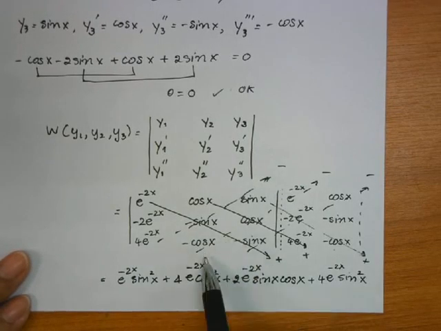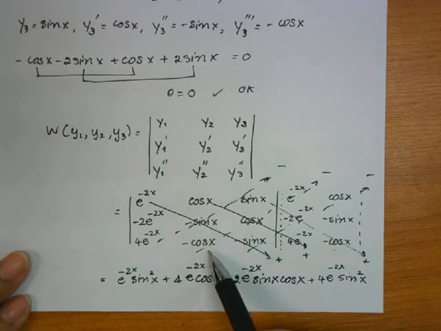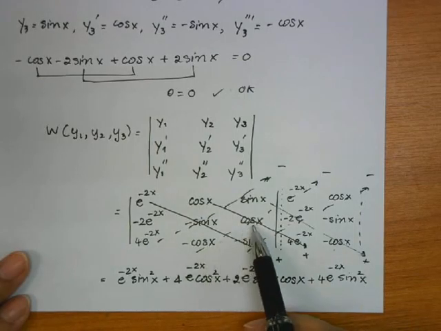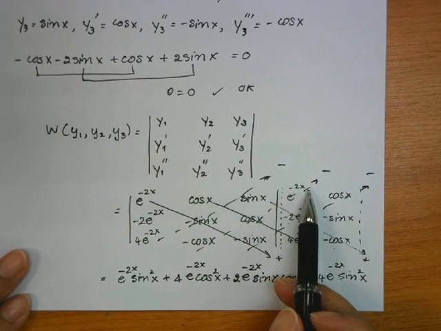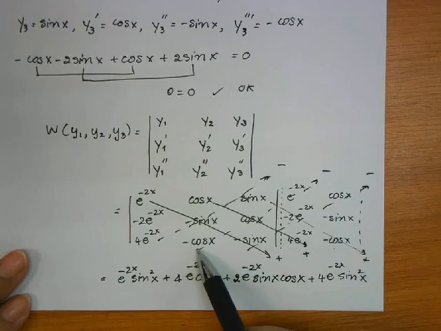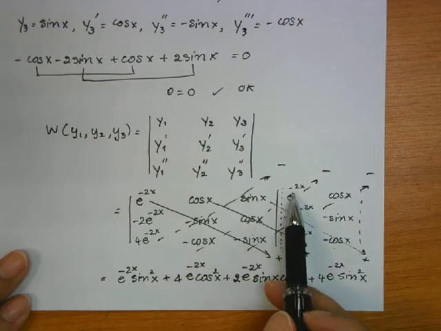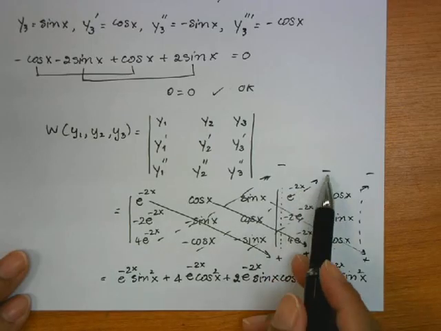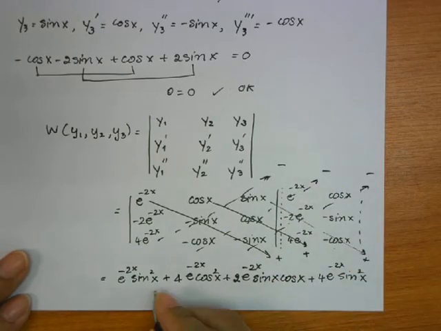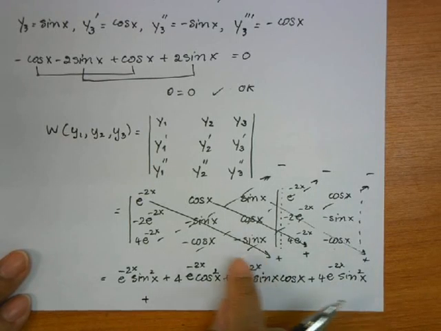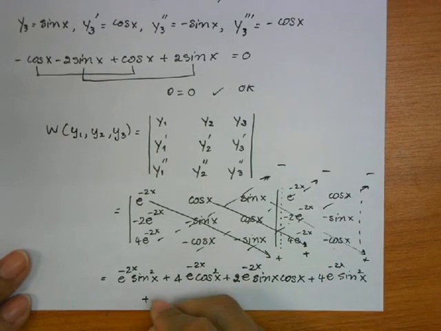Now the sixth term is that you have cos x here, cos x there, and exponential of minus 2x with negative sign there. So we get minus cos square x times exponential of minus 2x, and then you times minus 1 there. Minus and minus, you get plus exponential of minus 2x times cos square x.